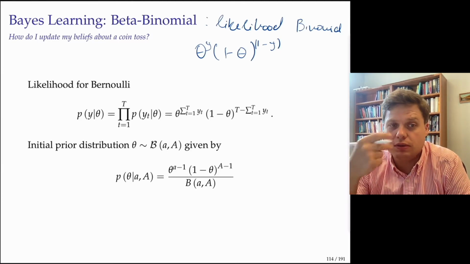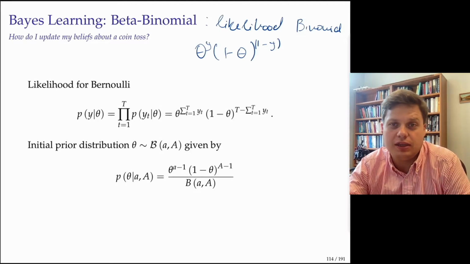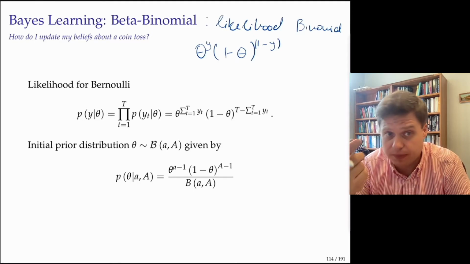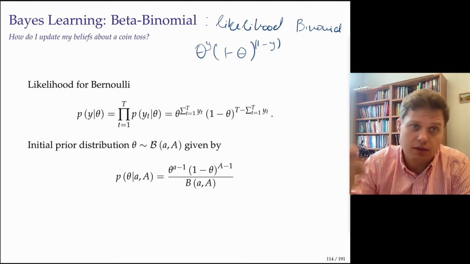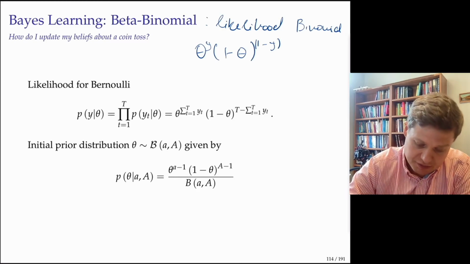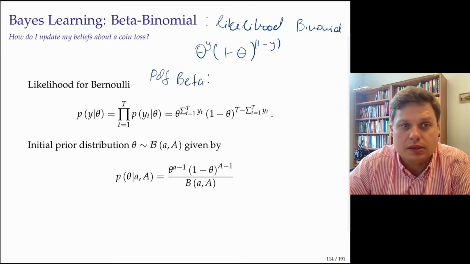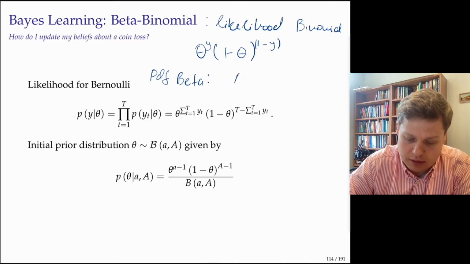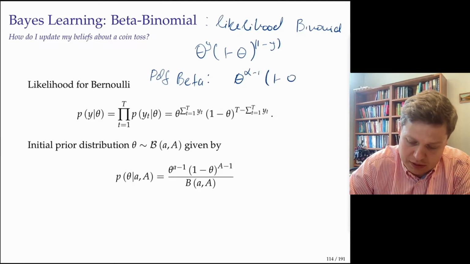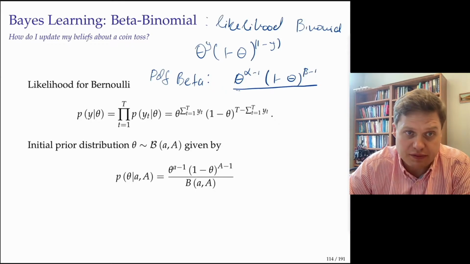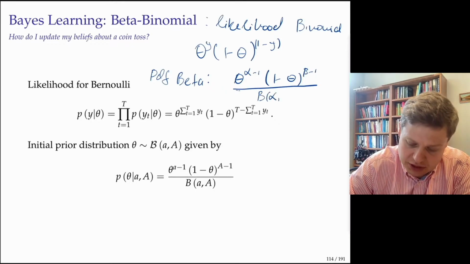And then if you want to think of a conjugate prior, you have to ask yourself, okay, is there another density function that has a very similar functional form? And in this case, it happens to be beta. You remember that the PDF for beta is, well, I'm going to use theta now, theta to the alpha minus 1, 1 minus theta to the beta minus 1, divided by the beta function of alpha and beta. So that's just a constant here.